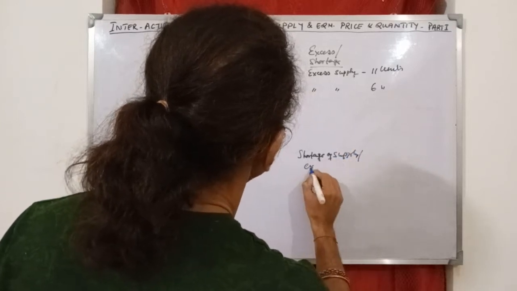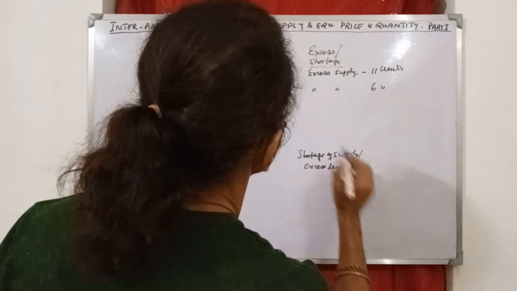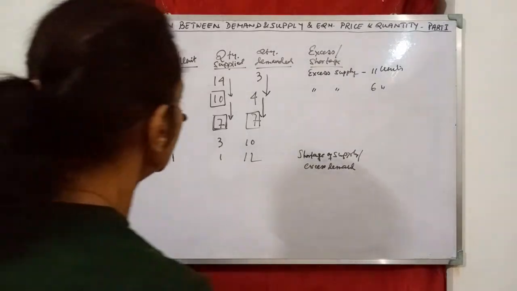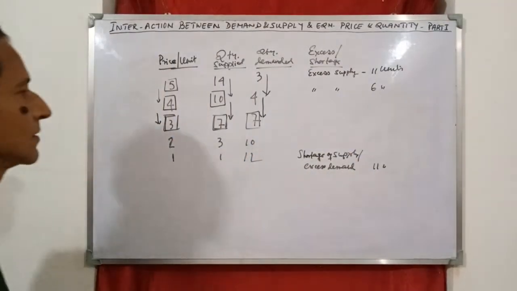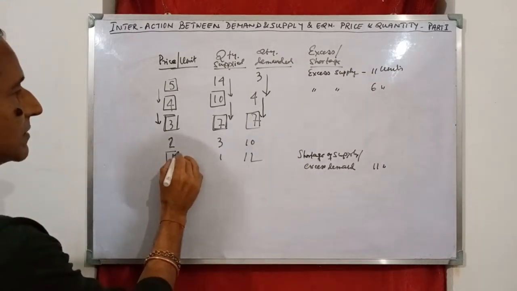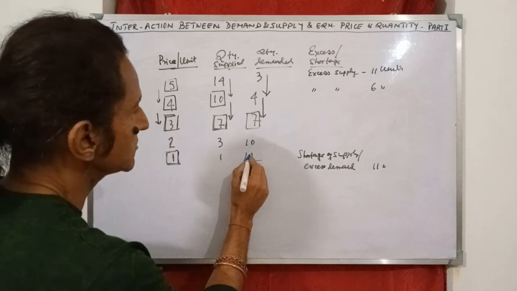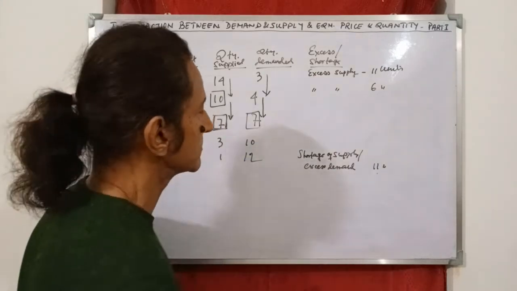This means excess demand. By how many units? By 11 units. So here at price 1 per unit, demand is more than supply and the gap is 11.